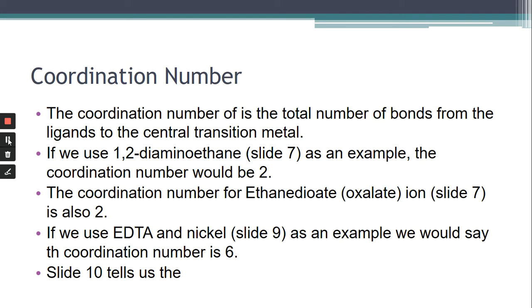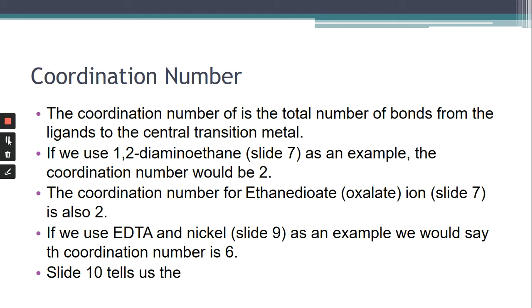Next bit, we're looking at coordination number. We've got to be very careful with this, okay? Our coordination number is the total number of bonds from the ligand to the central transition metal. Please be careful because there could be more than one ligand being attached to that transition metal, okay?